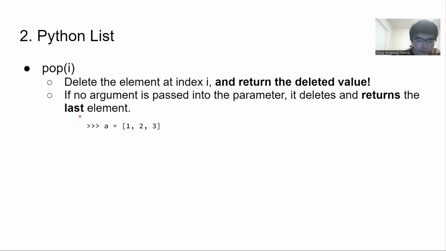Suppose I have the example A is 1, 2, 3, and B equals A dot pop. Because I did not pass in any arguments, it will return the last one, which is 3. But for the list A, I will delete the last value, 3, so it will be only 1 and 2. So this is pop.